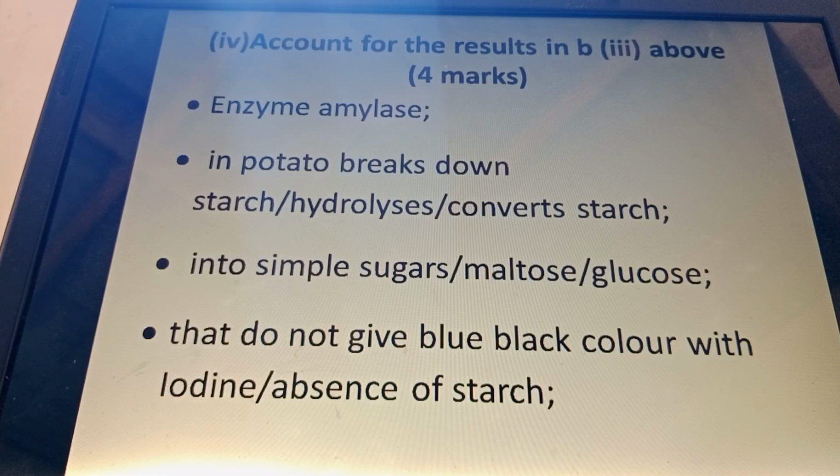So the sentence should read like this, because in paper 3 or any examination, you cannot give answers with a stroke. Enzyme amylase in potato breaks down starch into simple sugars that do not give blue-black color with iodine.